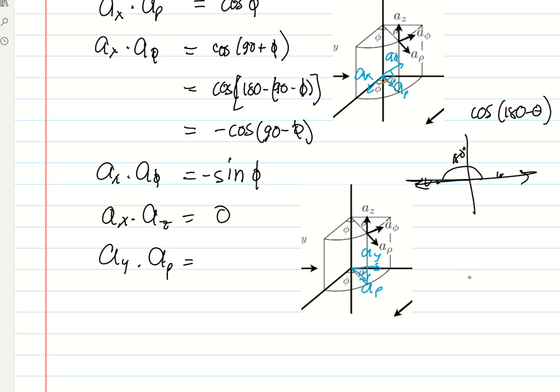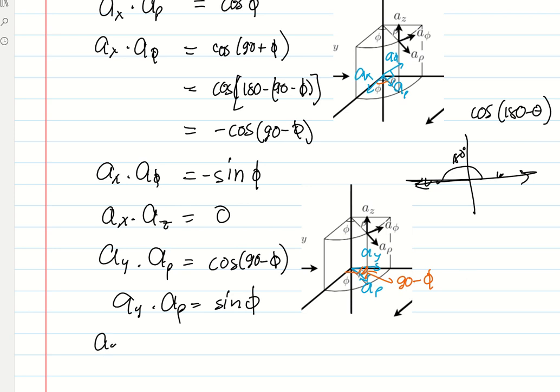This is the angle between them. We know that this is 90 degrees, and this is phi, from a rho to the x-axis. Therefore, this angle is just equal to 90 minus phi. If we take the cosine of that, that will be the dot product of a y and a rho. Cosine of 90 minus phi, and again, this is a cofunction. So a y dot a rho is just equal to sine of phi.